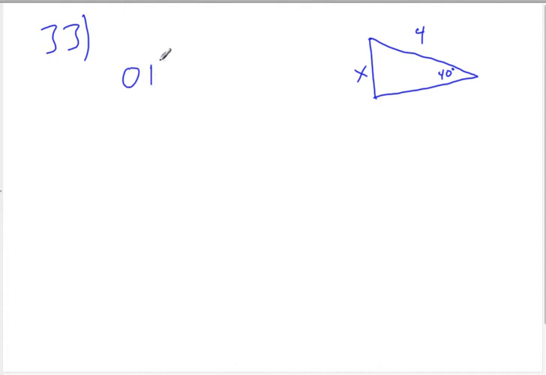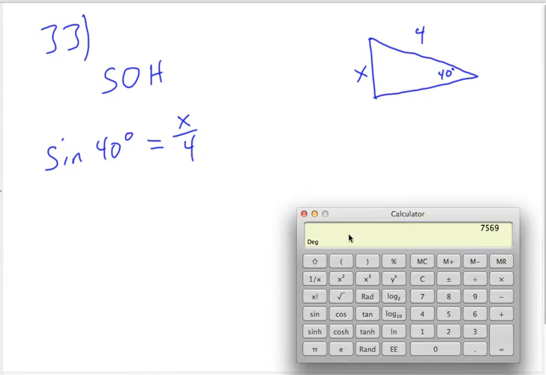So if we know opposite and hypotenuse, we're going to need sine. So sine 40 degrees equals opposite over hypotenuse. Getting our trusty calculator, we know that sine 40 degrees is 0.64278760 blah blah blah.